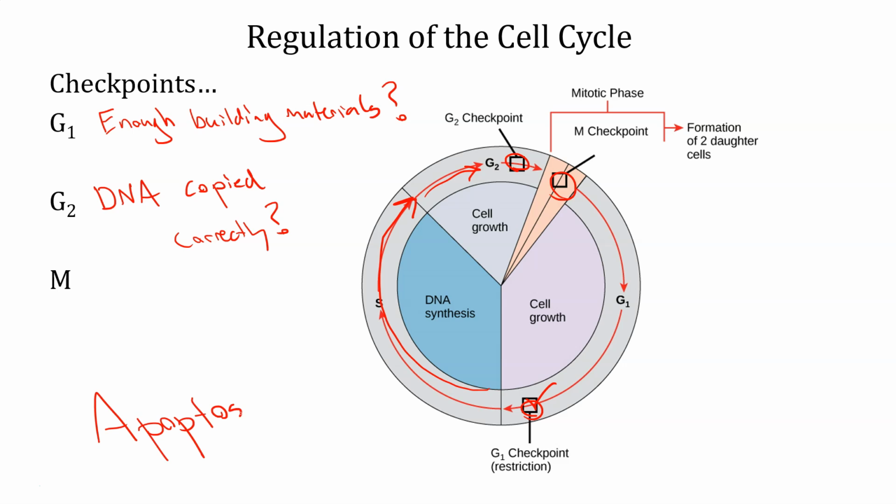Apoptosis is basically just programmed cell death. And it's actually to our benefit that cells undergo apoptosis if they're not healthy cells. That's what happens at the G2 checkpoint.